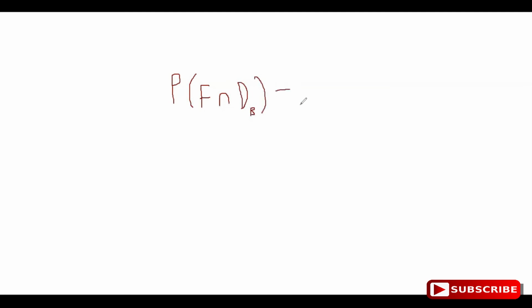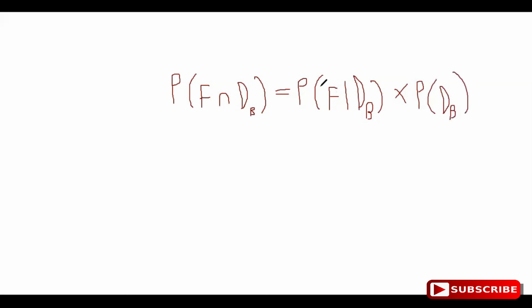That's just equal to the probability of F given you drink B times the probability that the person drinks B. That's using conditional probability, because we can rearrange the formula to make this part the subject.